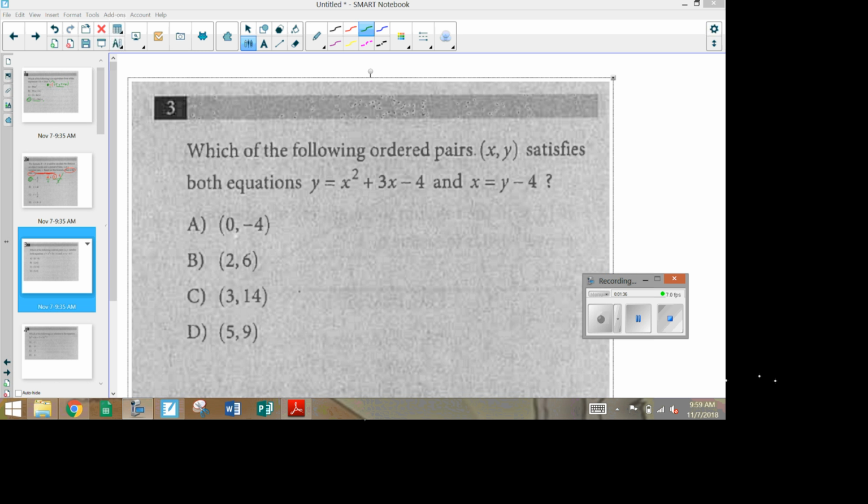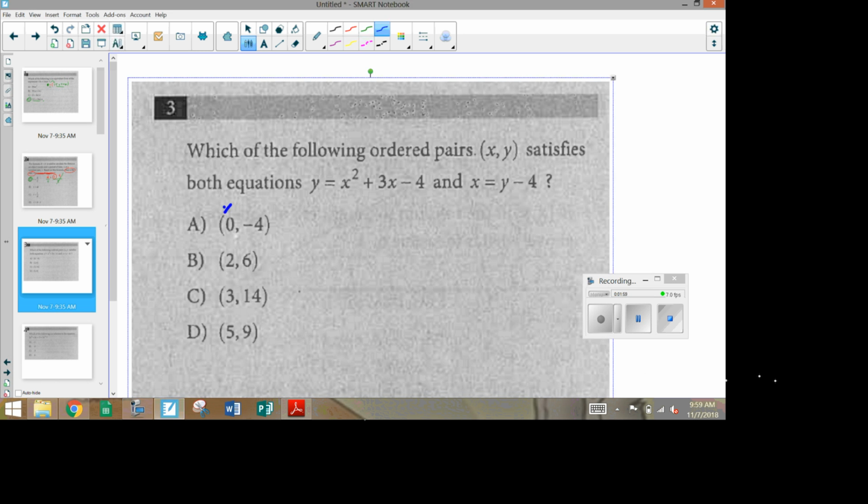All right, in this question, which of the following ordered pairs satisfy both equations? You see ordered pairs. X's are given, Y's are given. Just plug it in. Rather than solving, I believe plugging in is going to be faster.